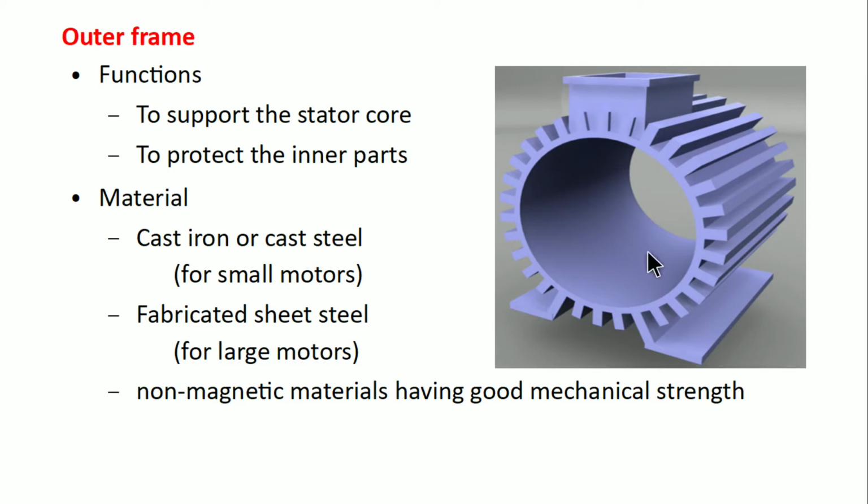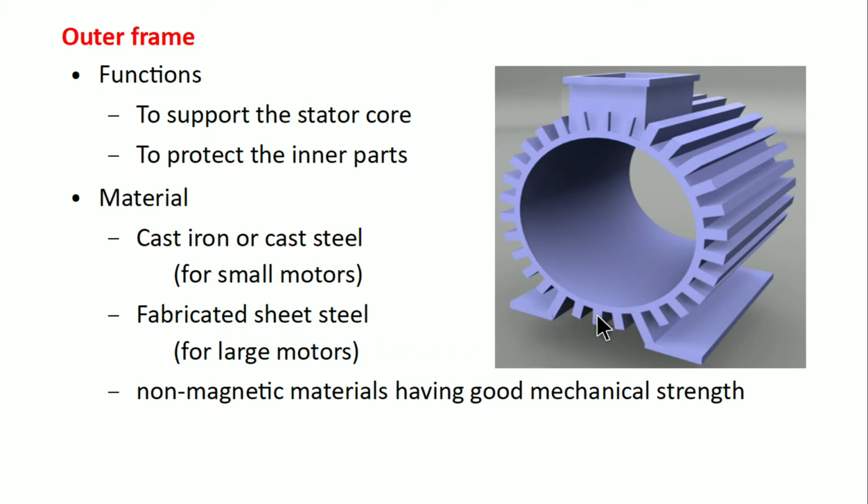The stator frame supports the stator core. Here inside, the stator core is inserted and keyed to the stator frame, and it also protects the other parts, that is the rotor, etc., inside the motor from mechanical injury. The material used for the outer frame is generally cast iron or cast steel for small machines, but for large machines it is fabricated sheet steel.